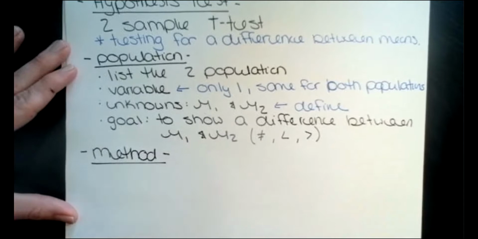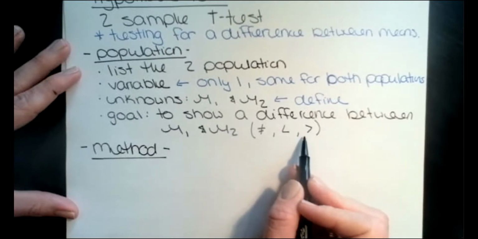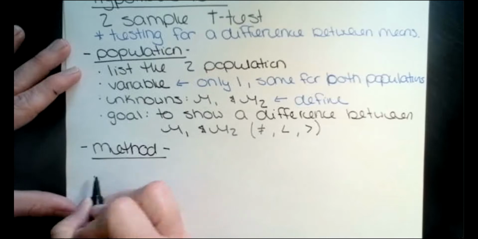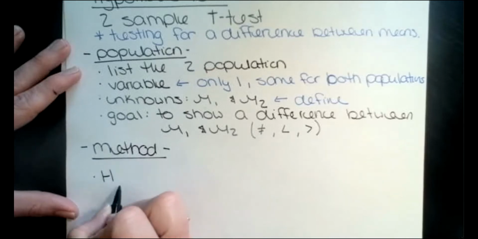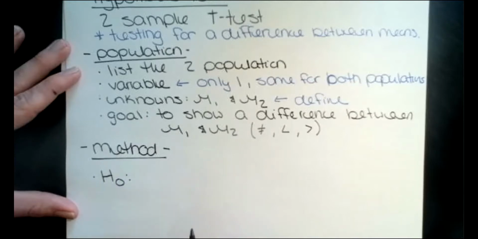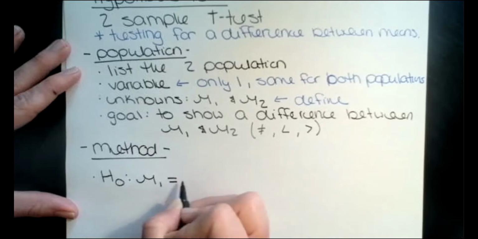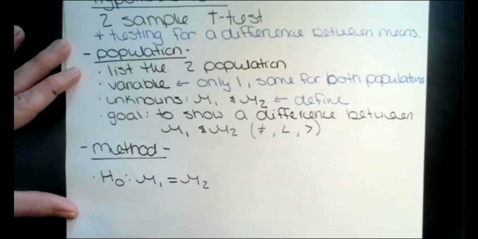So for our method, we do have a couple ways we can write our null and alternative because of this right here. Remember, our null is always the same here. Our null is always that mu1 equals mu2.